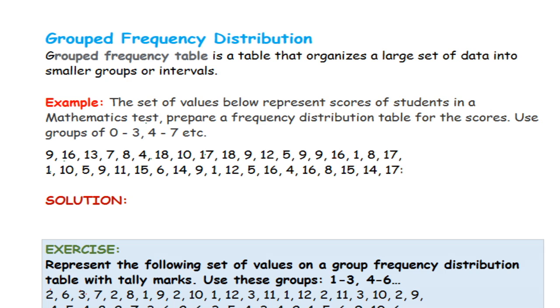Those are individual data points. But in a grouped frequency table, data are always organized in intervals, usually called class intervals. So an example will throw more light into what I'm saying.